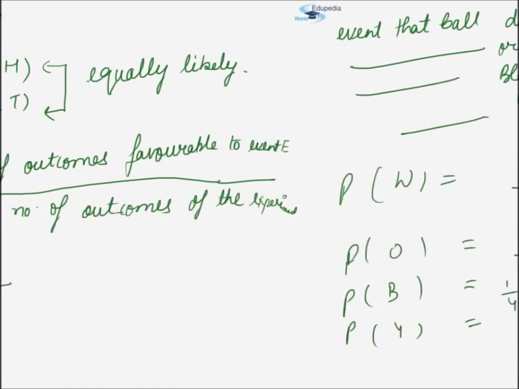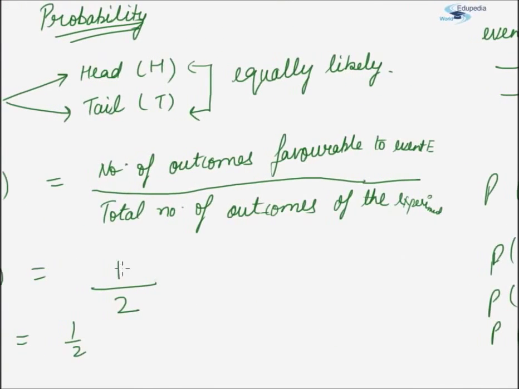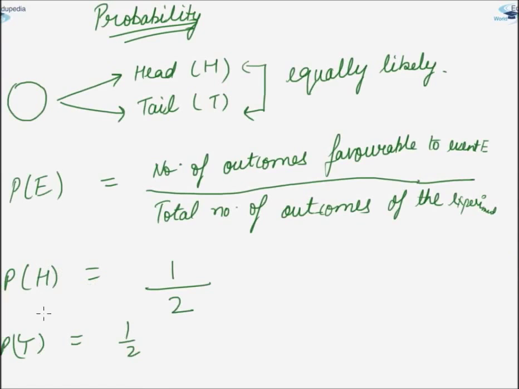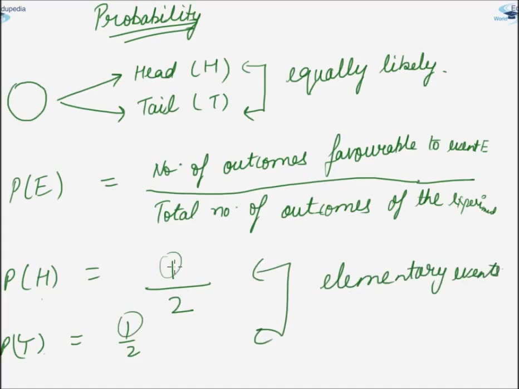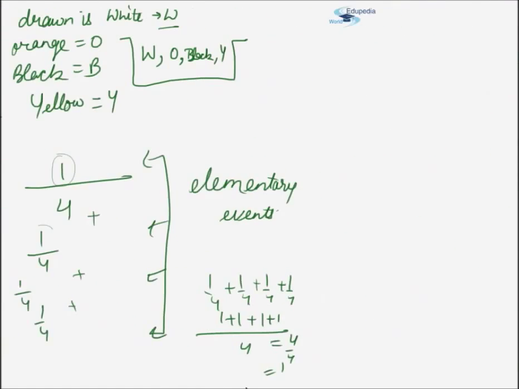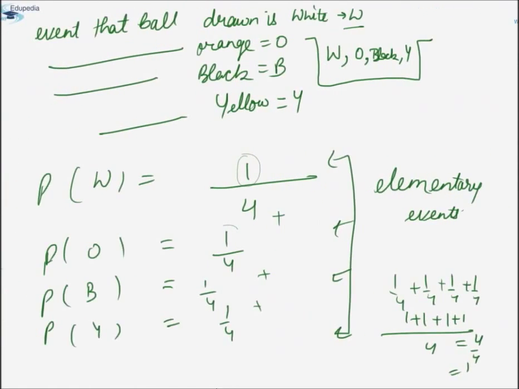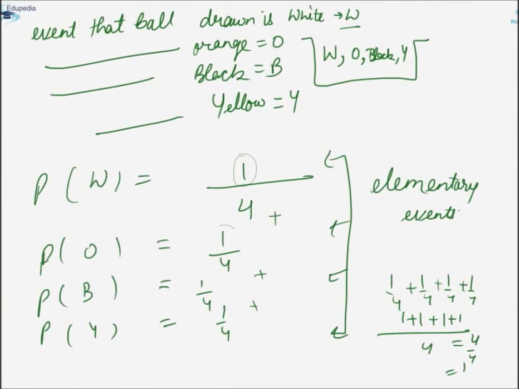In the previous case also, the favorable outcomes for the respective events of heads and tails were 1 and 1. So these are also elementary events. Again, if we add up these two probabilities, we will get the resultant as 1. In fact, it is true for all the cases.